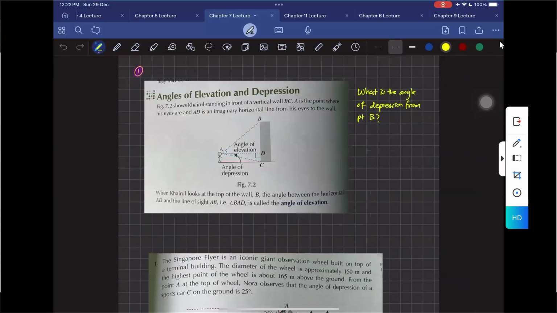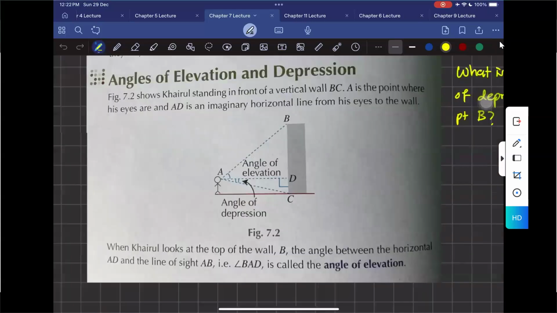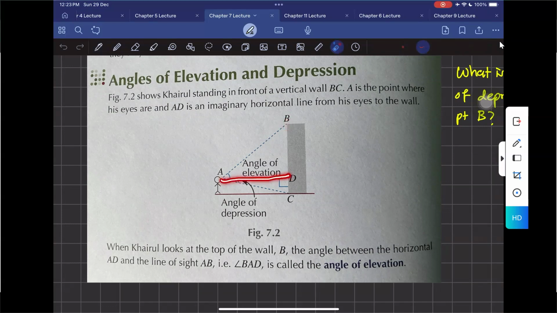So firstly, what is angle of elevation? Let's say you have a man standing at point A and he's looking at the top of the wall, which is your point B. So this horizontal plane and this line of sight, the angle that forms in between is called the angle of elevation.